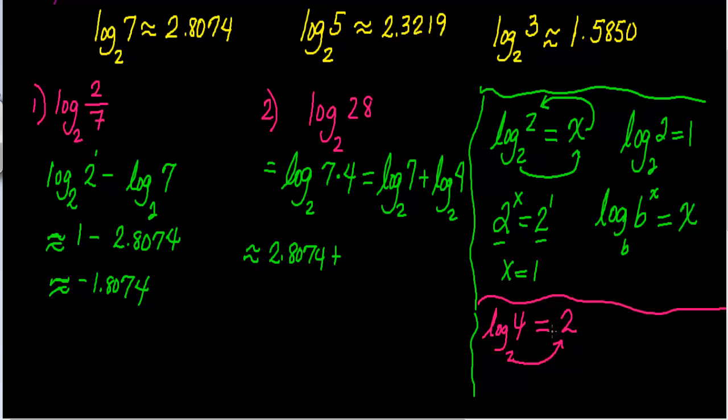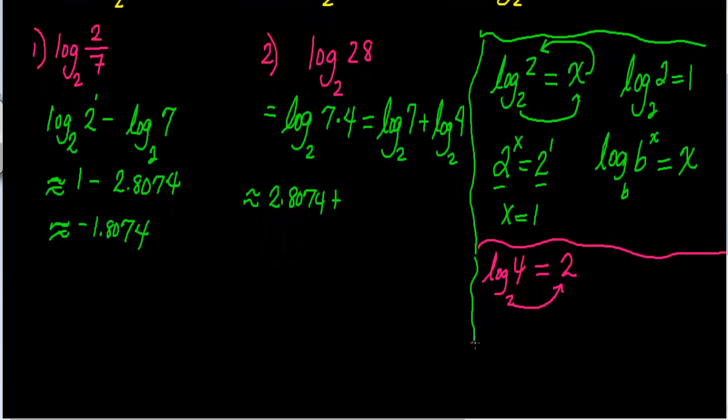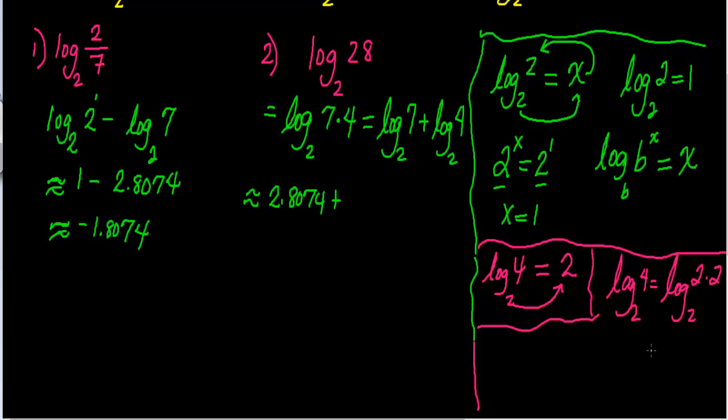Okay? Another thing you can do is break log base 2 of 4 into log base 2 of 2 times 2. And this you can turn into log base 2 of 2 plus log base 2 of 2.